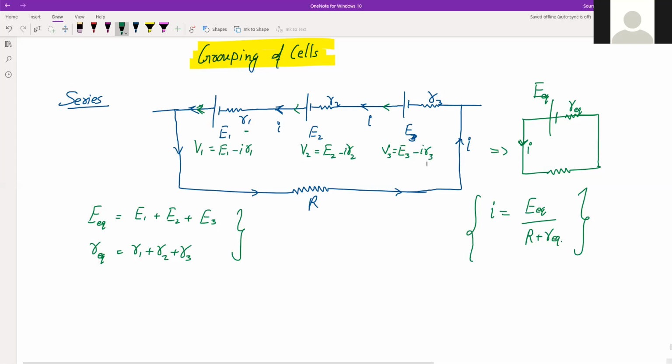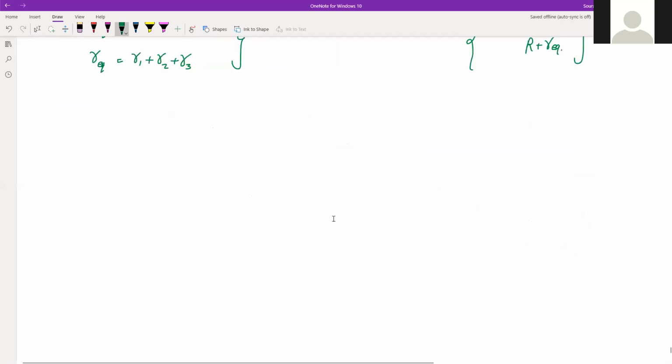The problem in series comes when these cells are connected wrongly. That means they are not in the right order like the one we have seen above, but they may cancel each other's effect. One cell can be connected like this, and another cell, instead of supporting it, may oppose it like this.